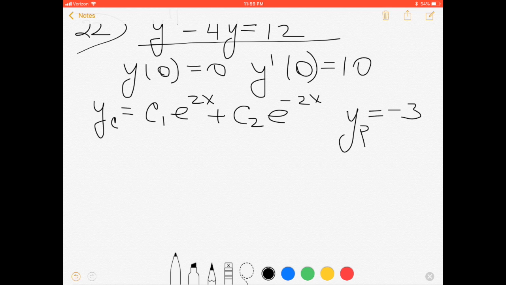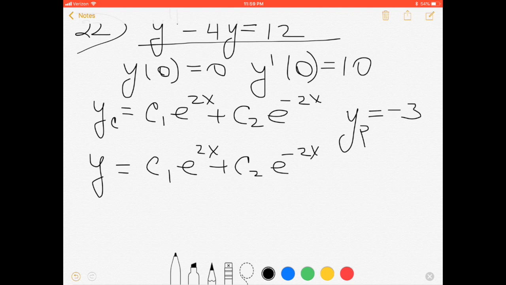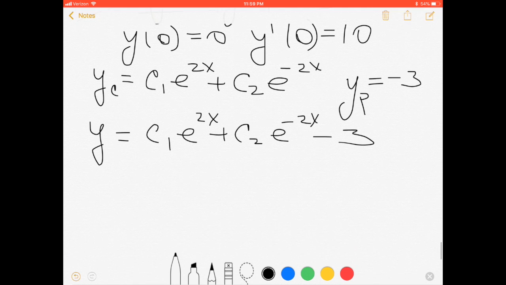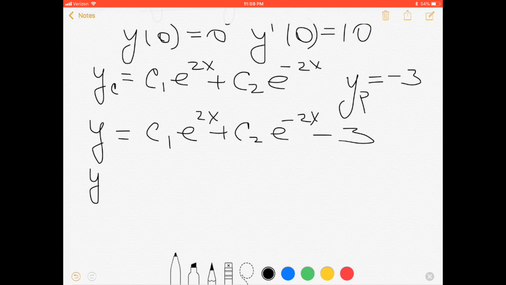Our last theorem tells us the solution of our equation will be the general solution of the homogeneous equation plus a particular solution.